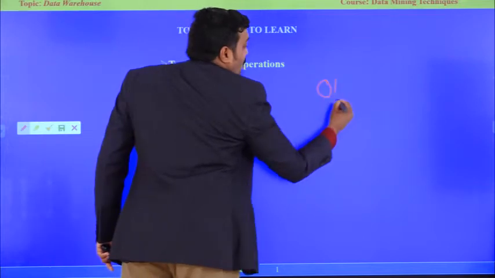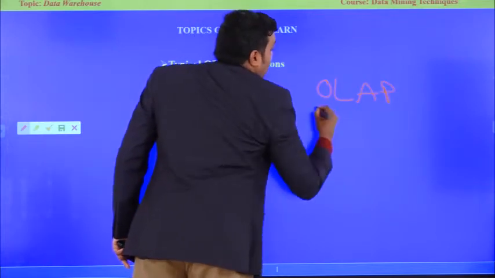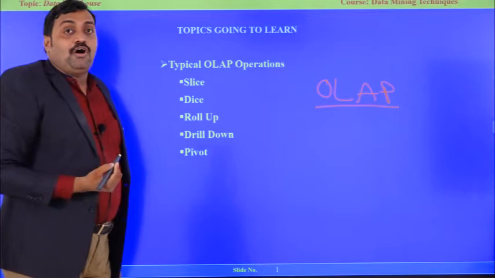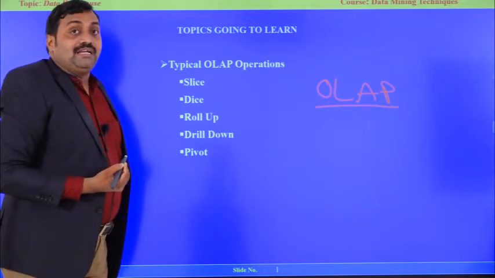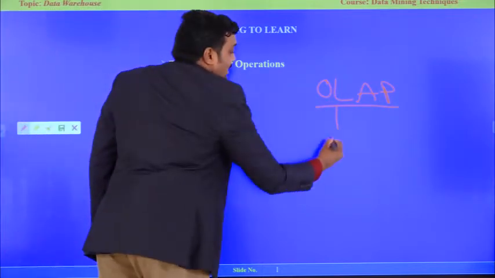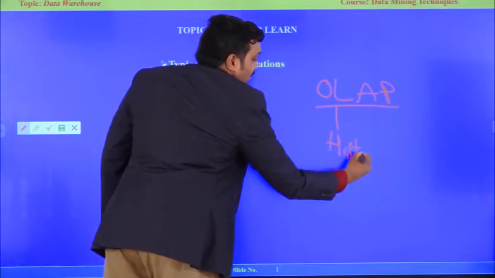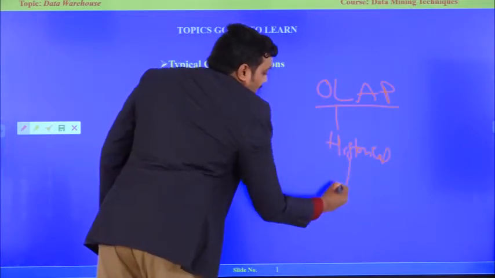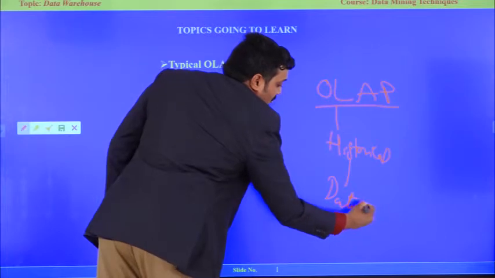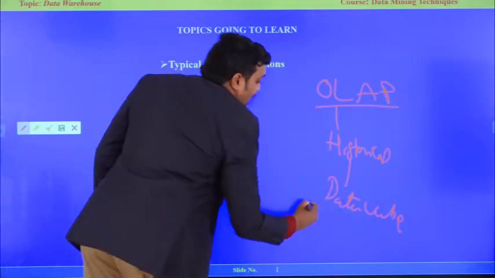It works on historical data, works with data cubes, and works with multidimensional data.